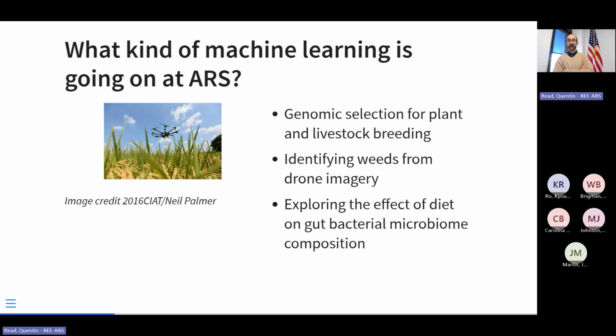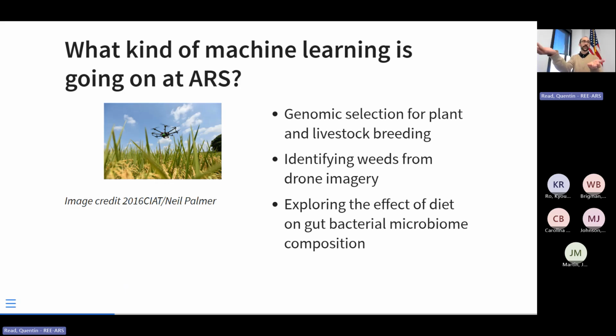classification task. And there are also some researchers in the Southeast area that do a lot with gut microbiome. They basically have mice and rats and feed them different diets and look at the species of bacteria living in the gut of those animals.